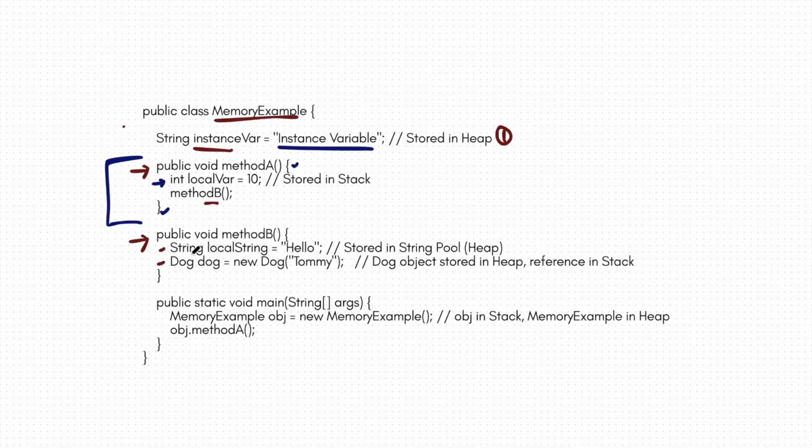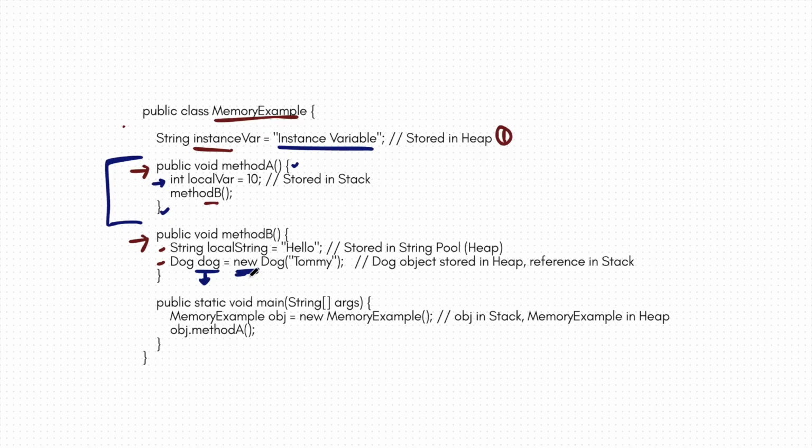Cool. Next we have defined an object. What is the name of the object? The name of the object is dog, right? So what actually happens over here? This is the most interesting part. Dog is our object, but what we have done is create a new object. This new keyword is important.